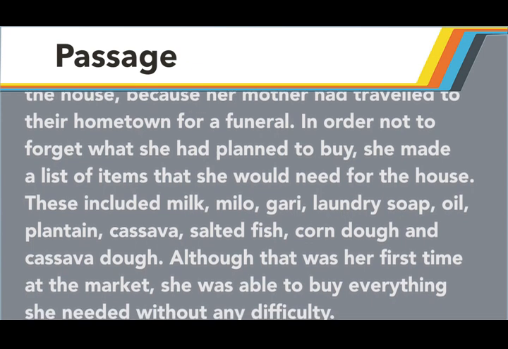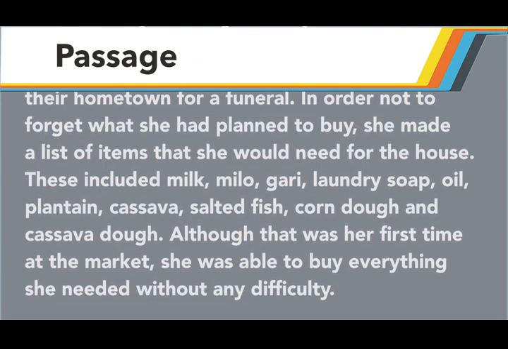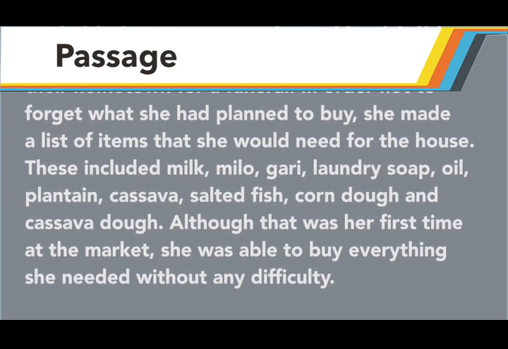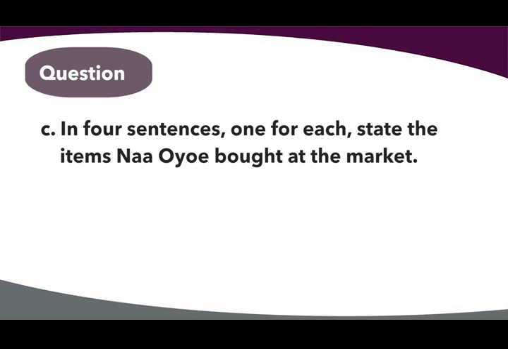Although that was her first time at the market, she was able to buy everything she needed without any difficulty. Question. C. In 4 sentences, one for each, state the items Noyo bought at the market. Here, students should make sure that they write only one sentence for a point.